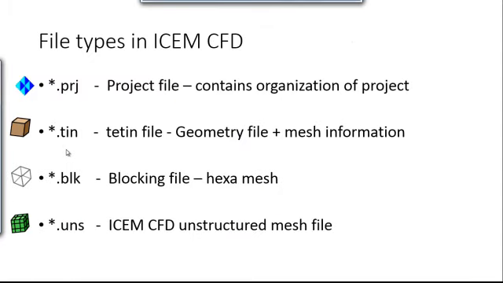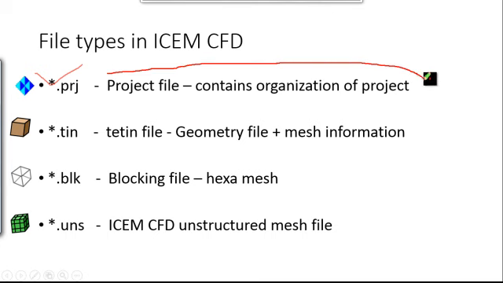Generally speaking, there are 4 main types of files in the ICEM CFD. One is the project file, which is the .prj. This file is nothing but a set of instructions which contains how the project is constructed.